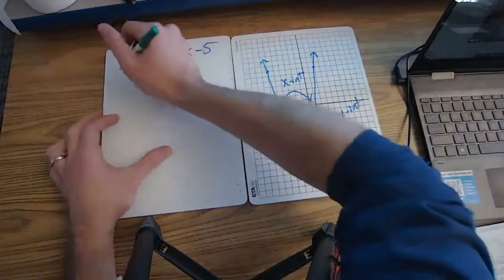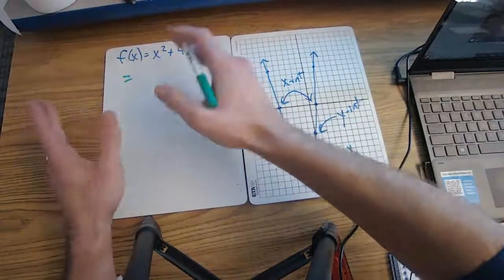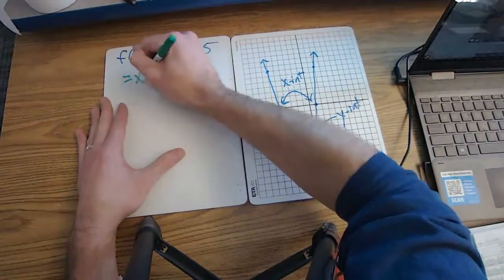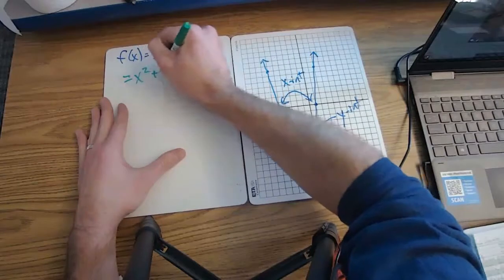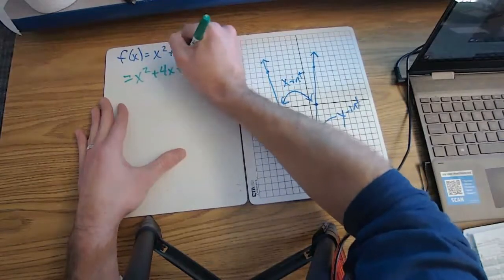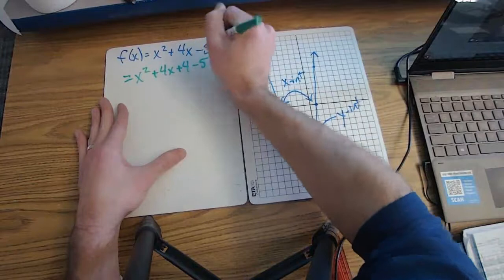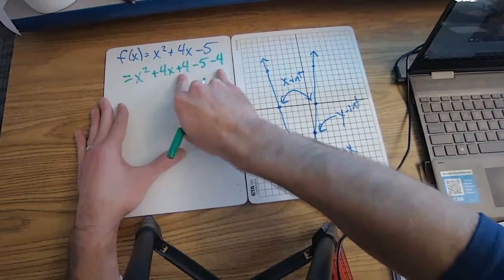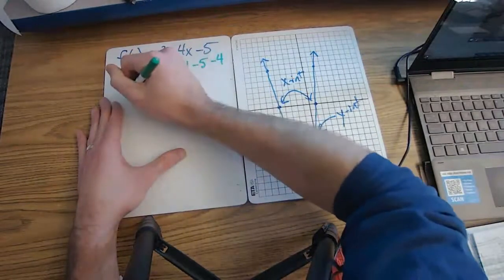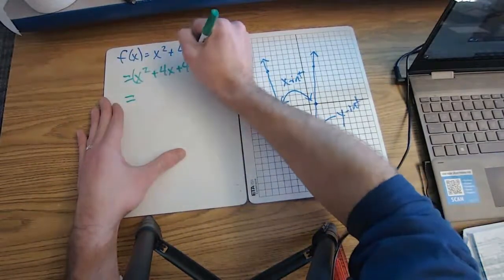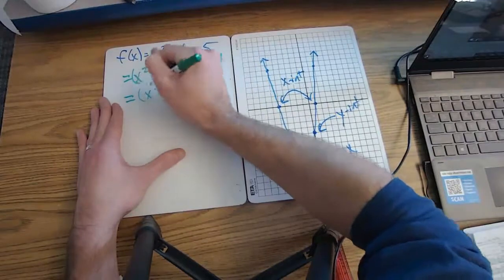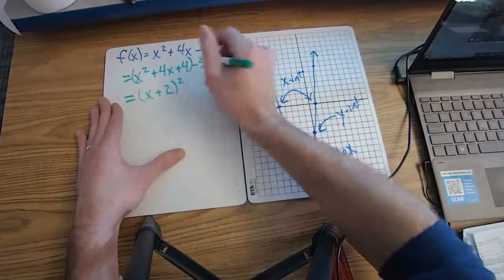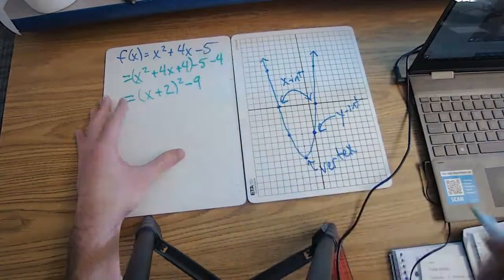Okay? Now, we can do a little math magic and turn this into our vertex form. Let's see here. You will not have to do this, but let me show you how these different things come about. So if I actually add 4 and subtract 4, so I'm basically adding 0, what I'll do is this here can be simplified into (x plus 2) squared, and this over here becomes minus 9.